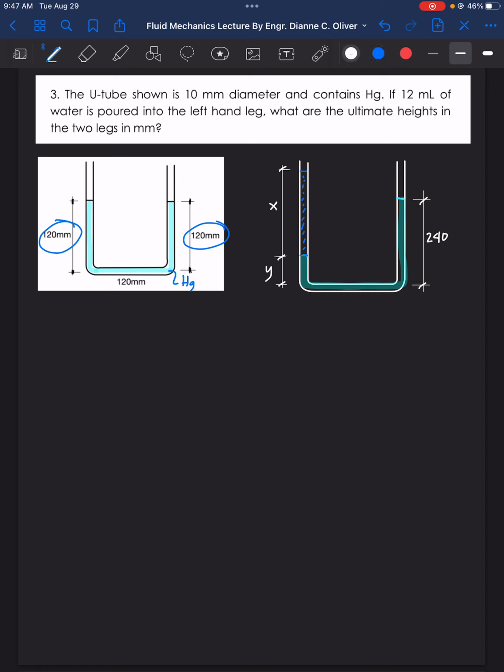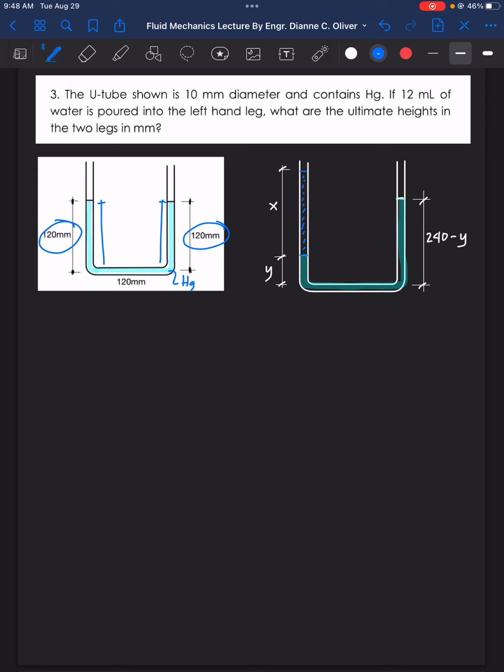and if it increases, it increases at the right side, and then it is being reduced at the left side. So this is 240 minus Y, right? So that is 240 minus Y. So, were you able to understand that point? Because if we add the left side and the right side, you have there 120.